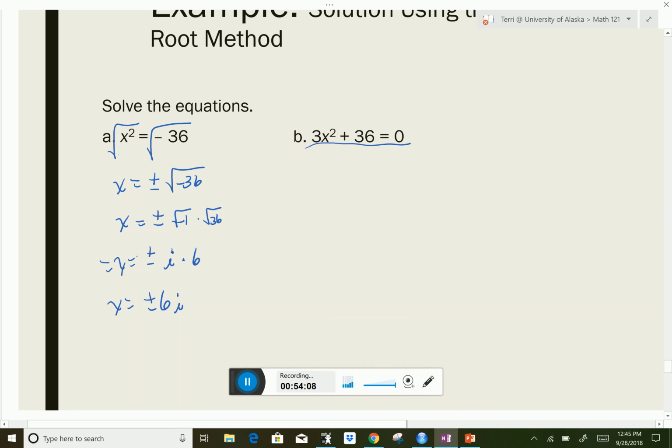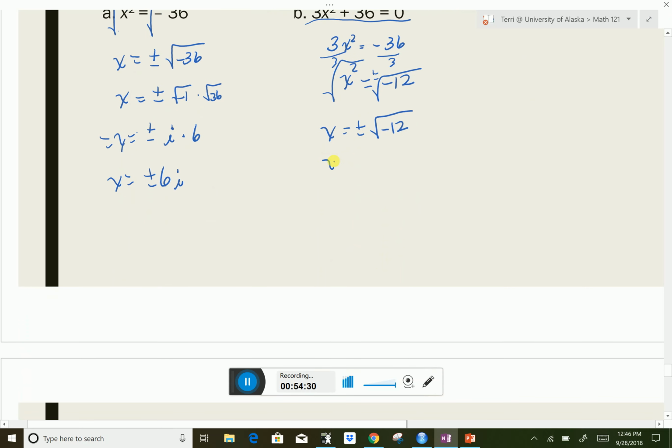And similar to that, here's this one. So 3x squared equals negative 36. Divide both sides by 3: x squared equals negative 12. Now take the square root of both sides, put the plus and minus. x is plus or minus the square root of negative 12. So that is the square root of 4 times the square root of 3 times the square root of negative 1.